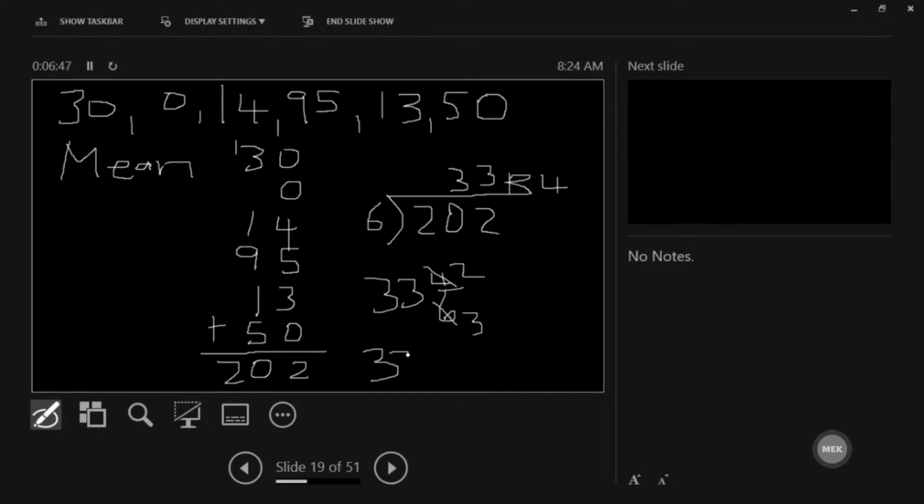So 33 and 2/3, or 33.66. And we can rewrite it as a fraction, 33 and 2/3. That is our mean or average. So we add up all the numbers and we divide it by the amount of numbers.